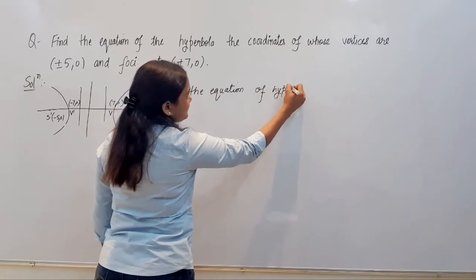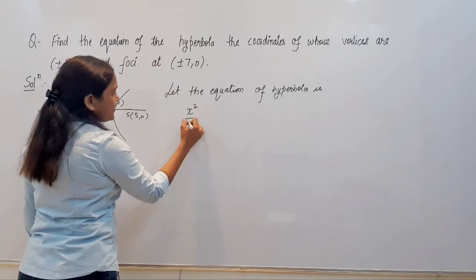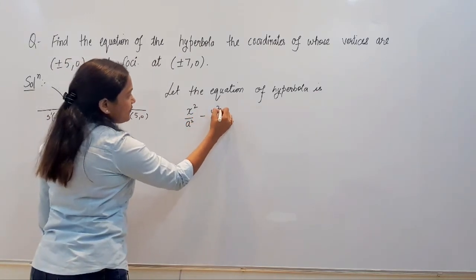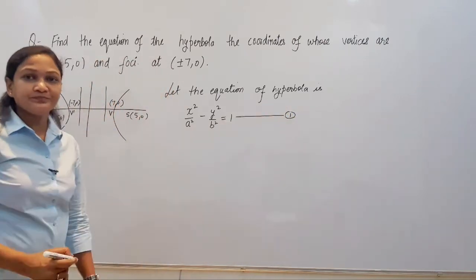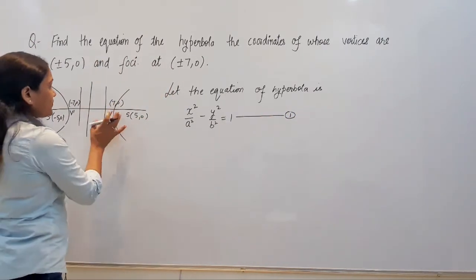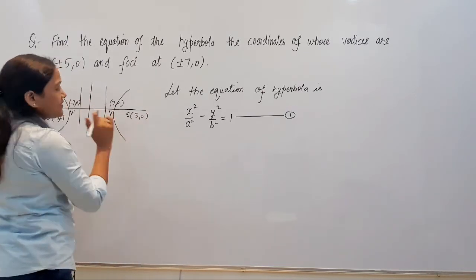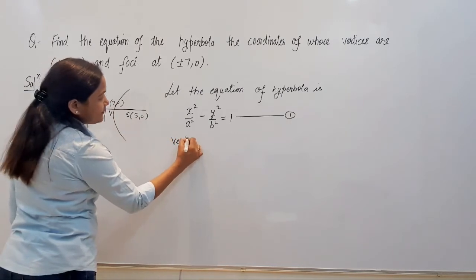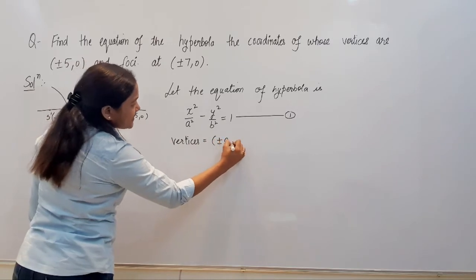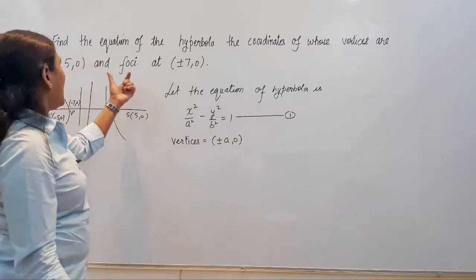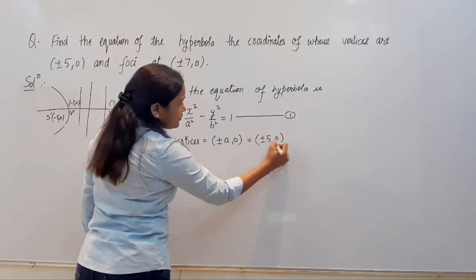hyperbola is x square upon a square minus y square upon b square is equal to 1. Now, what are the foci and vertices? The vertices of this hyperbola are plus minus a, 0, and you are given they are equal to plus minus 5, 0.